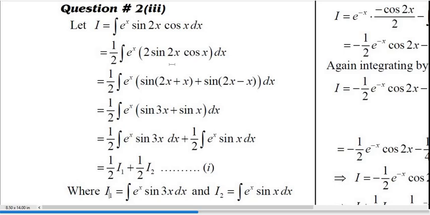We know from trigonometry, if we have 2 sin alpha cos beta, then we can write that as sin of alpha plus beta plus sin of alpha minus beta. Here in the place of alpha is 2x and in the place of beta is x. So we write sin of 2x plus x plus sin of 2x minus x d of x. 2x plus x is 3x, and 2x minus x is sin x.